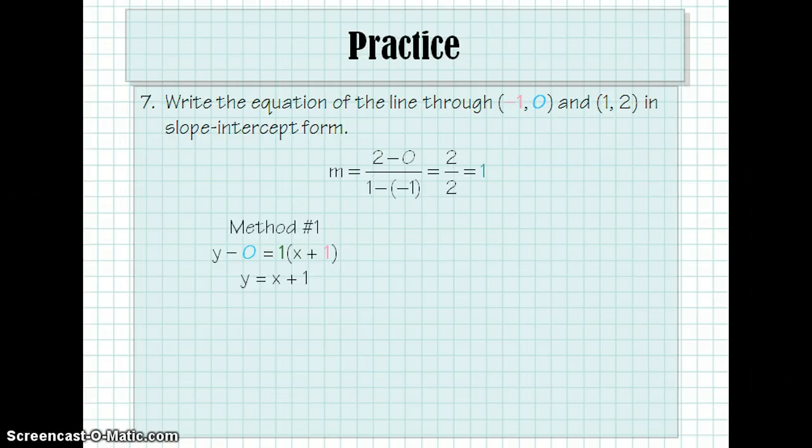Doing the second method using slope-intercept form, I'm going to pick one of my points. I think I'm picking negative 1, 0 in this case. And so I'm going to put that into my y equals mx plus b. So here's my y, here's my m, here's my x. The only thing I don't know is b. So b is going to be 1, so I rewrite the equation, and I get y equals x plus 1.